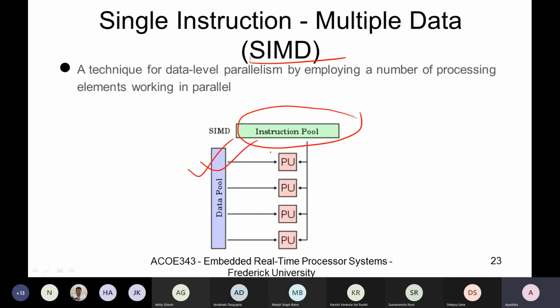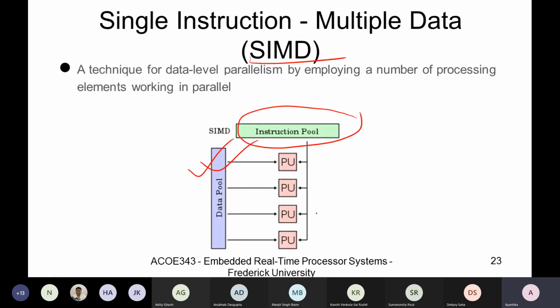That means the same instruction coming from the instruction pool gets applied to multiple data, and together it is another sort of parallelism, data level parallelism we can say, and in parallel you get the output.